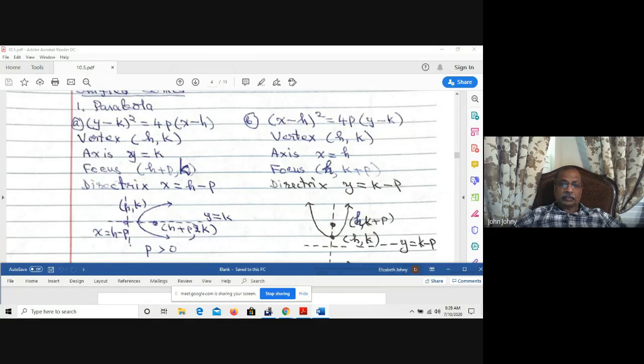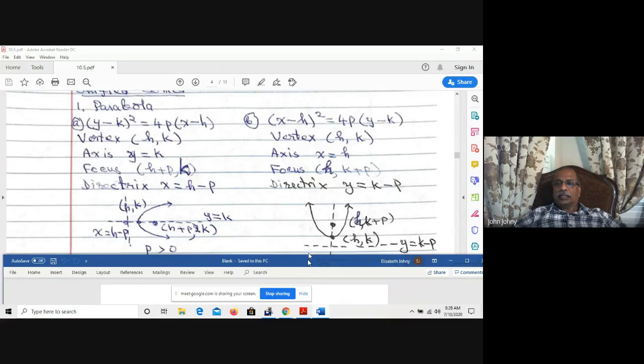So here is the graph. This is the vertex (h, k), and then (h plus p, k) is the focus. x is equal to h minus p is the directrix. The second part is x minus h the whole squared is equal to 4p times y minus k.